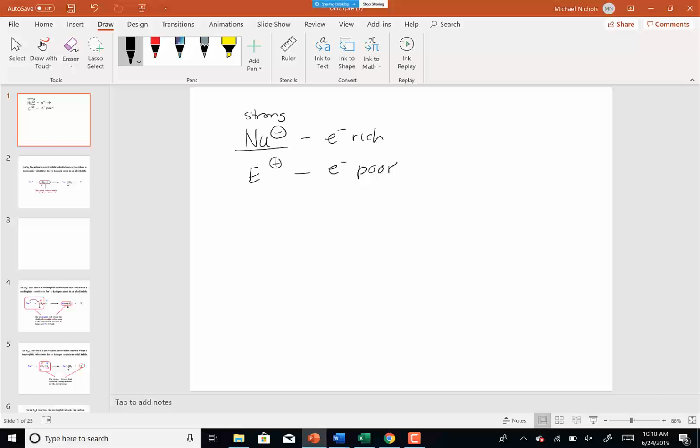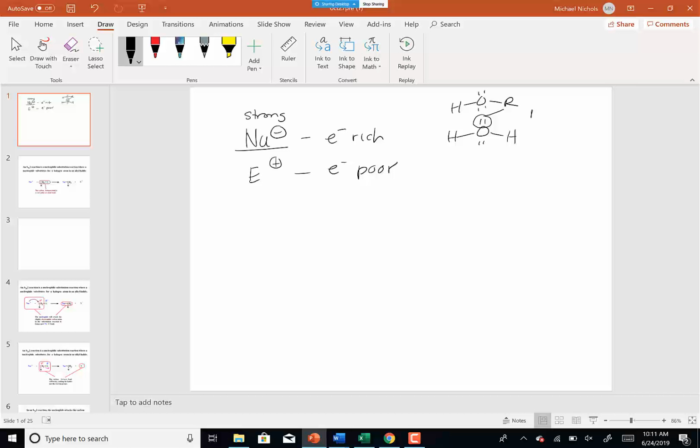But we can actually have in between. We could look at water, and water doesn't have a negative charge, but it does have electron richness in terms of its lone pair. So HOH, water, and HOR, where the R group is any alkyl group, an alcohol.